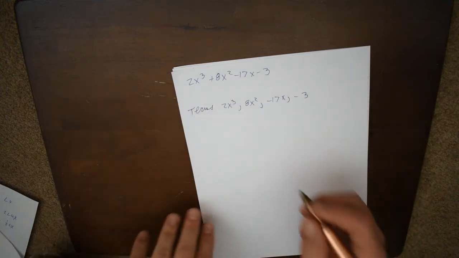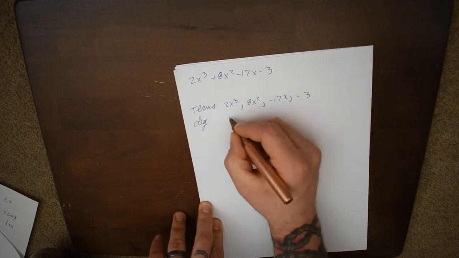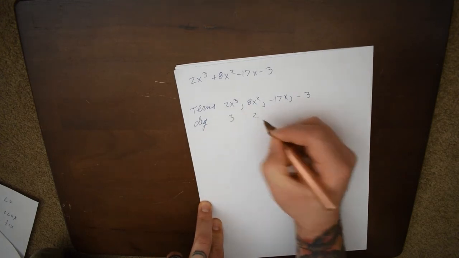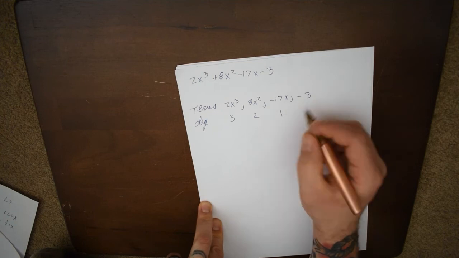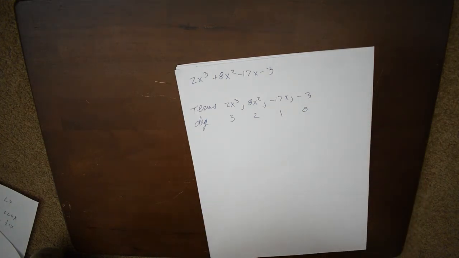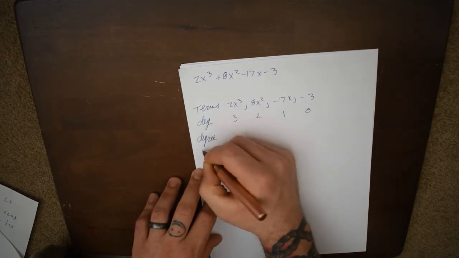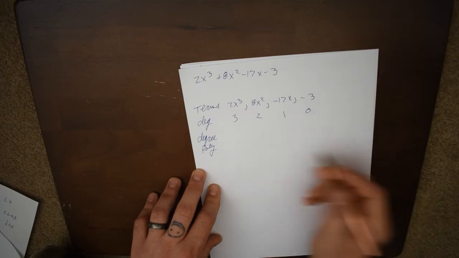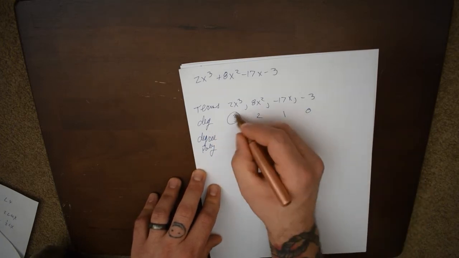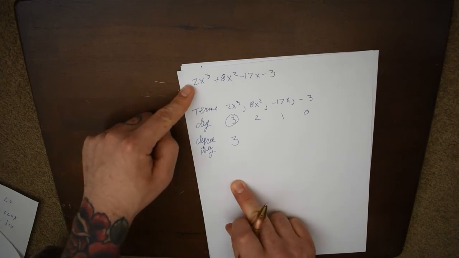The degree of each term: the degree of this term is 3. The degree of this term is 2. The degree of this term is 1. And the degree of this term is 0. The degree of the polynomial is going to be the highest degree, 3. The degree of this polynomial is 3.